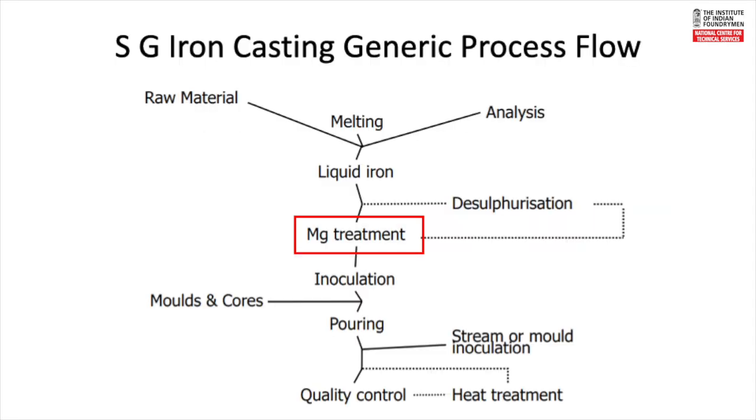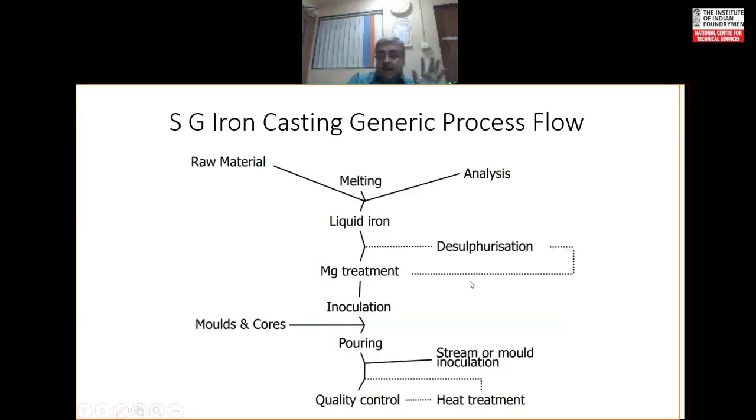Now, what are the steps in the ductile iron casting process? Here is the generic process flow. You take raw materials, you do the melting, do the adjustments by doing analysis. There is liquid iron. If sulfur is on a higher side, you do desulfurization, and then you treat the iron with magnesium. Magnesium removes sulfur and oxygen, and the nodularization happens.